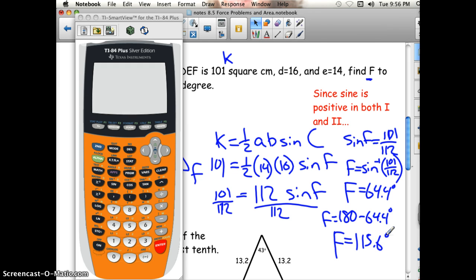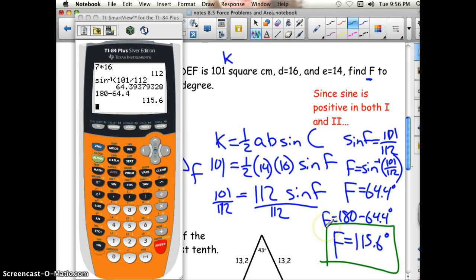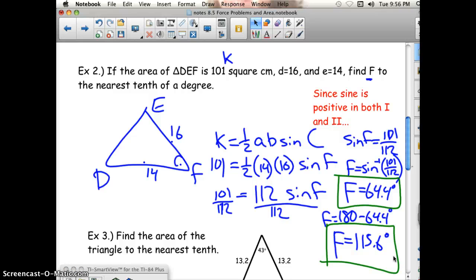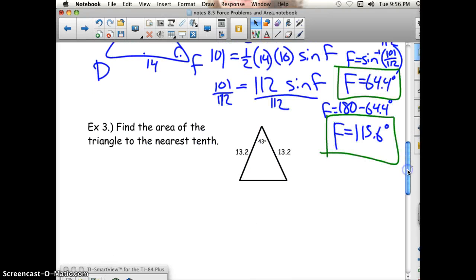And those are the two possible values of F. I need to keep both of those. Obviously, if I have 115.6, then F would be the longest side of the triangle. Otherwise, it's probably something else.